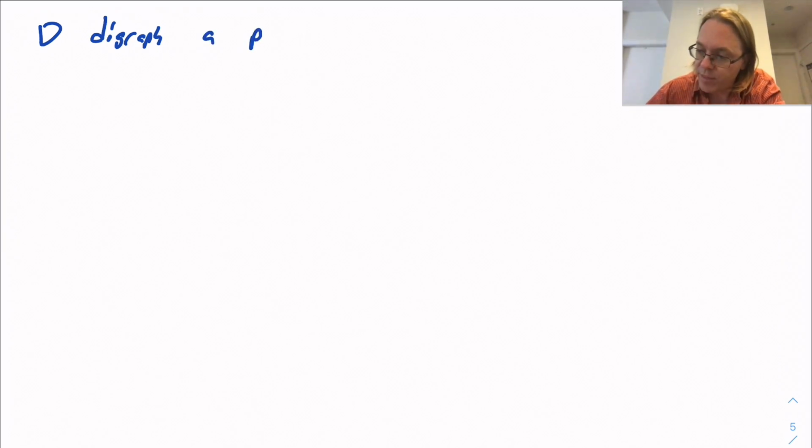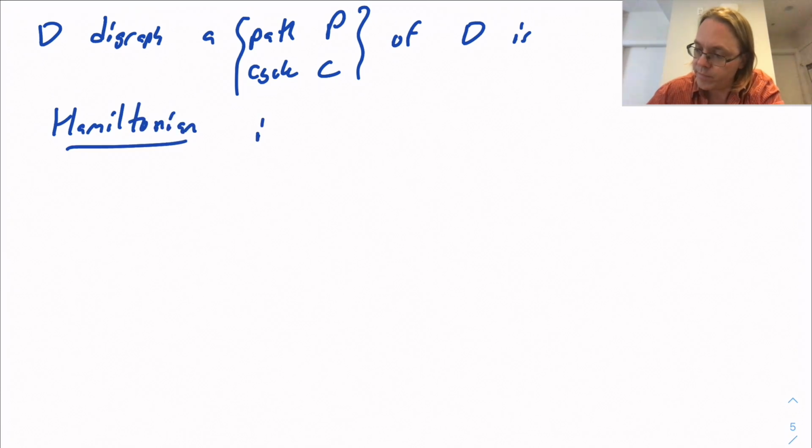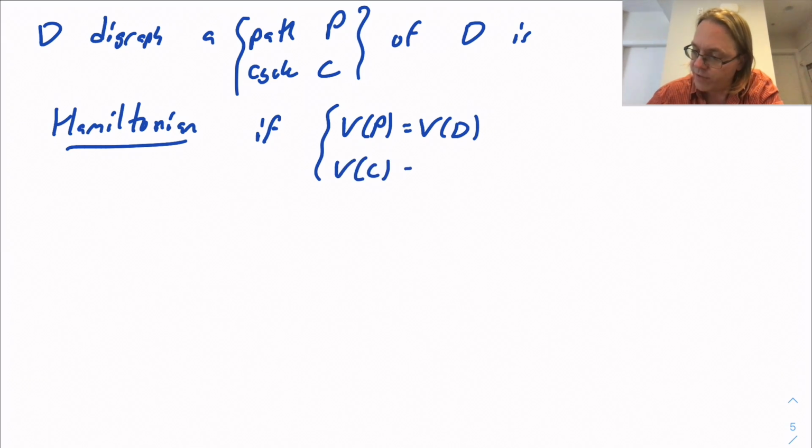So a path P or cycle C of D is Hamiltonian if the vertex set of that path is the same as the vertex set of D, or the vertex set of the cycle is the same as the vertex set of D.